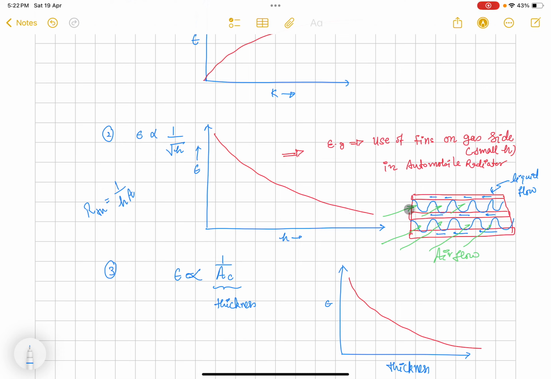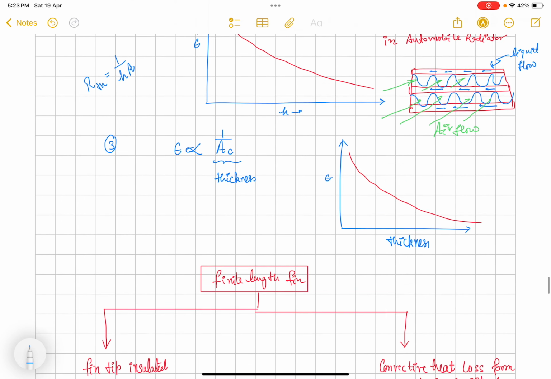Air has a low convection coefficient, so fins are used there to utilize their higher effectiveness. Liquid side convection is already high, but air side convection is low. It means resistance to heat flow is high. That's why, to reduce that resistance, we employ fins on the outside where air is flowing in cross flow. This is a cross flow heat exchanger, which is the automotive radiator.